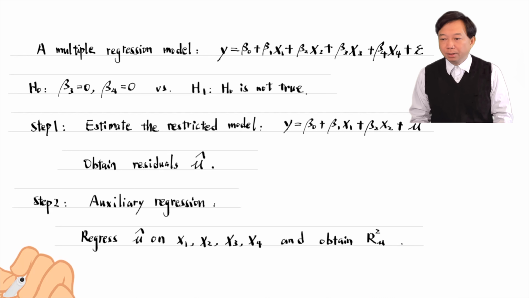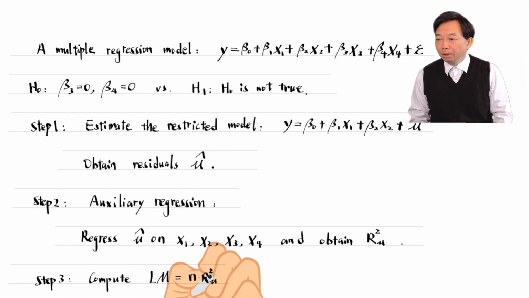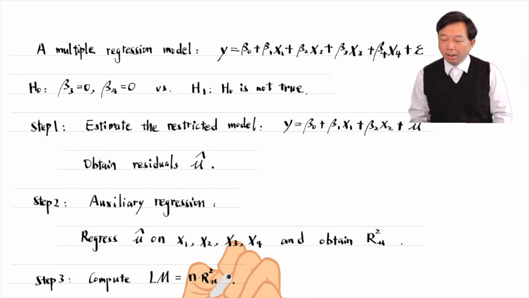The LM statistic is calculated as the sample size n times the auxiliary R². The LM statistic follows an asymptotic chi-square distribution. We compare the LM statistic with the critical value in a chi-square distribution, or compute the p-value of the LM statistic to determine whether we reject the null hypothesis.